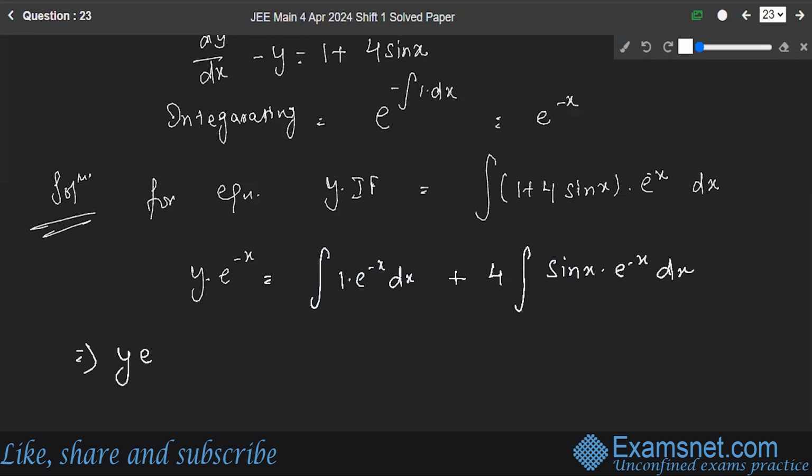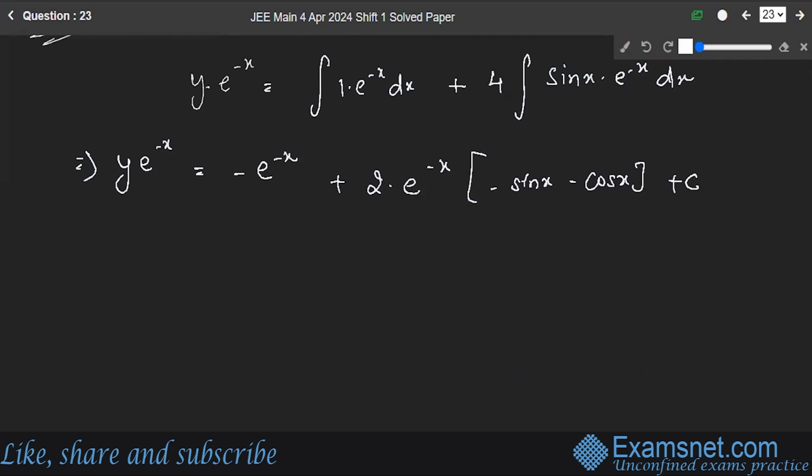Or you will have y e raised to power minus x is equal to this, plus 2 into, here I'm using integration by parts, and this will be the solution. Okay, dividing both sides by e raised to power minus x, you will have minus 1 plus 2 minus sine x minus cos x plus c.